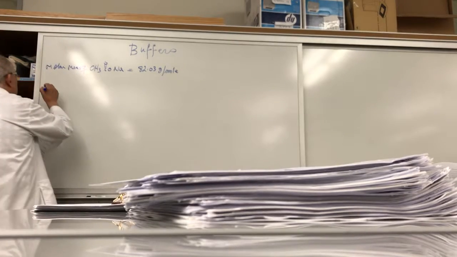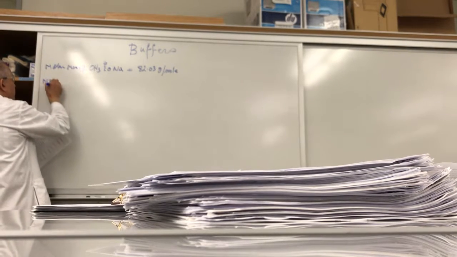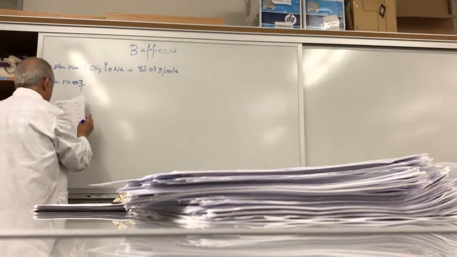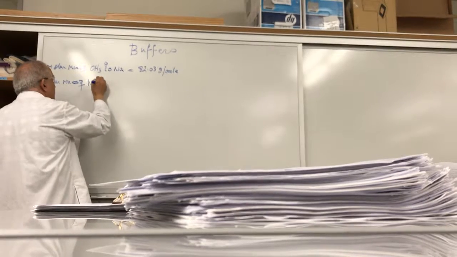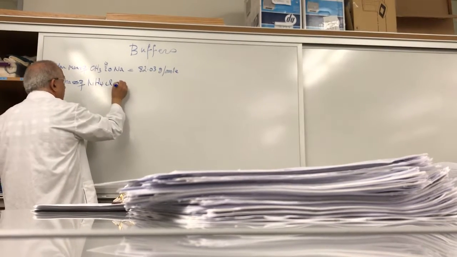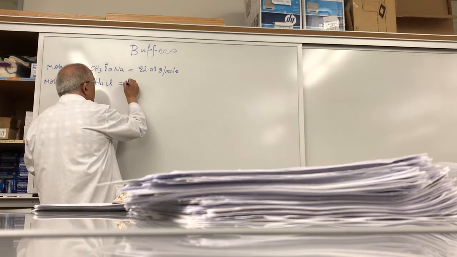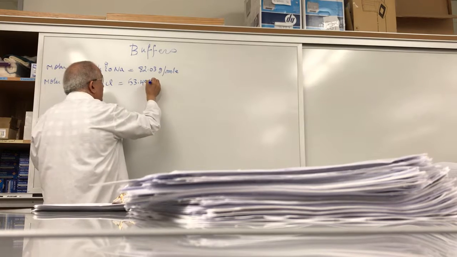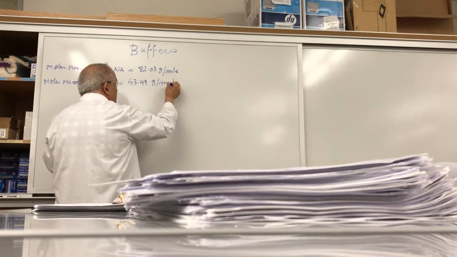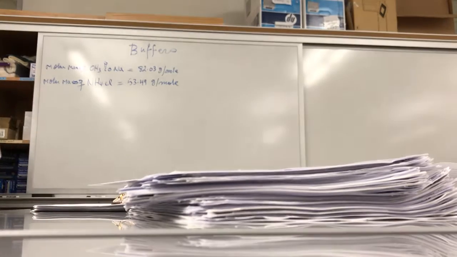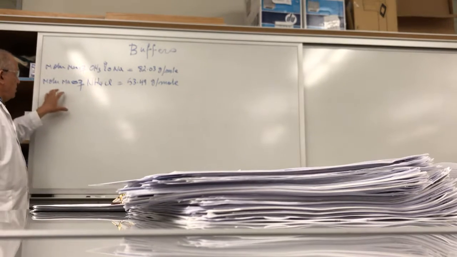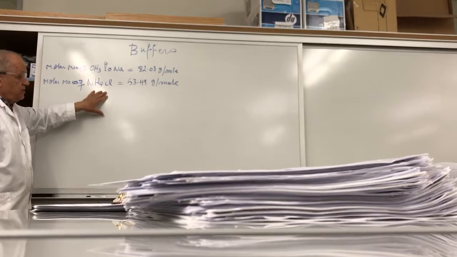Another thing you need to know, the molar mass of ammonium chloride, NH4Cl, equal to 53.49 grams per mole. You can generate these numbers yourself, but here they are for you: the molar mass of sodium acetate and of ammonium chloride, because we're going to use those numbers.